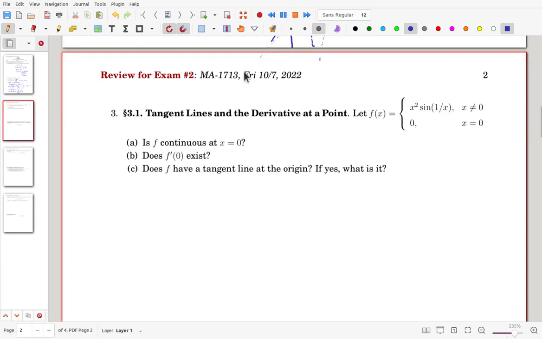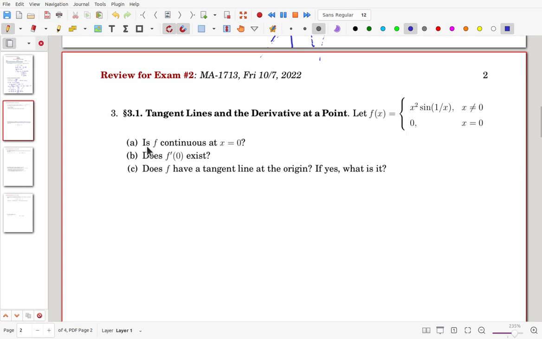Okay, now tangent lines and the derivative at a point. Here f of x is defined this way: when x is non-zero, it is x squared times sine of 1 over x, and when x equals 0, the value is 0.